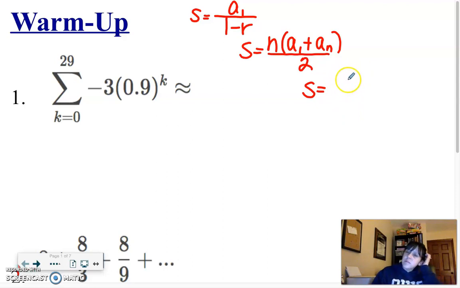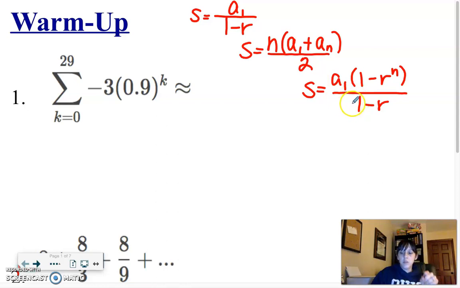And then the third formula was A1 times 1 minus R to the N over 1 minus R. So these are three different formulas, and we use them in different situations. This top one is used for an infinite geometric series.